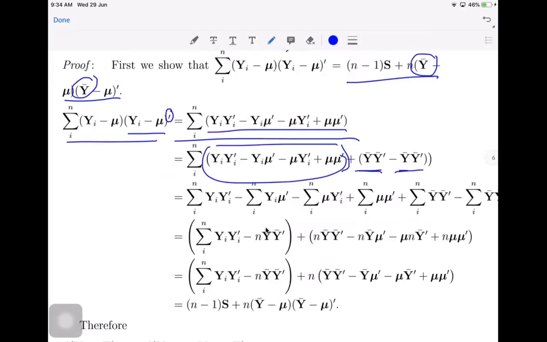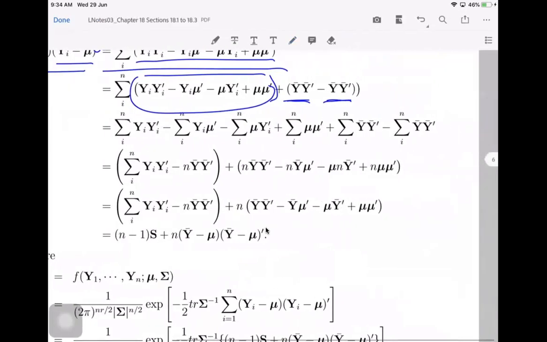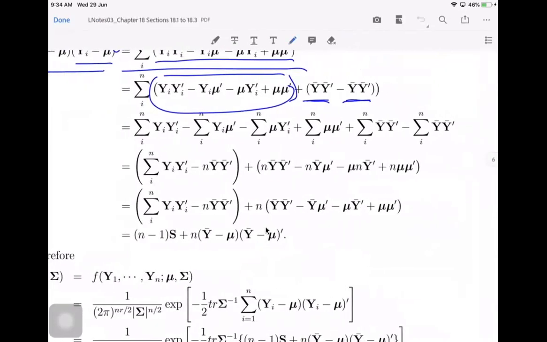Just add and subtract. Are you with me? After adding and subtracting, you join the terms that you want together. In this line, it is just a distribution of the summation sign.